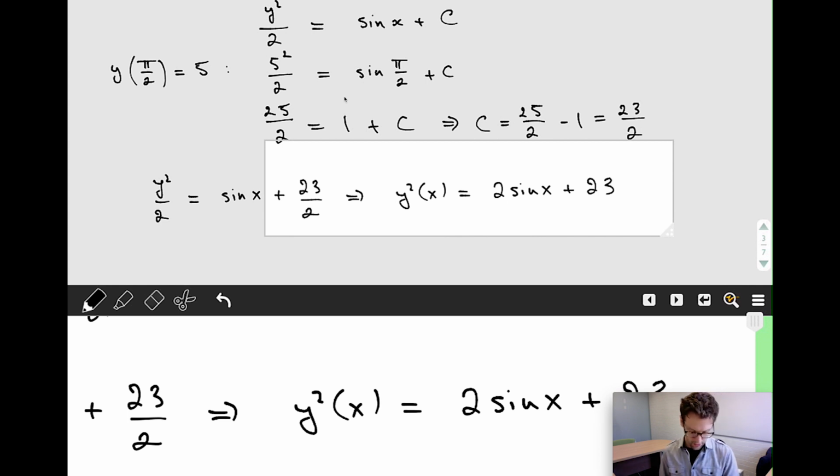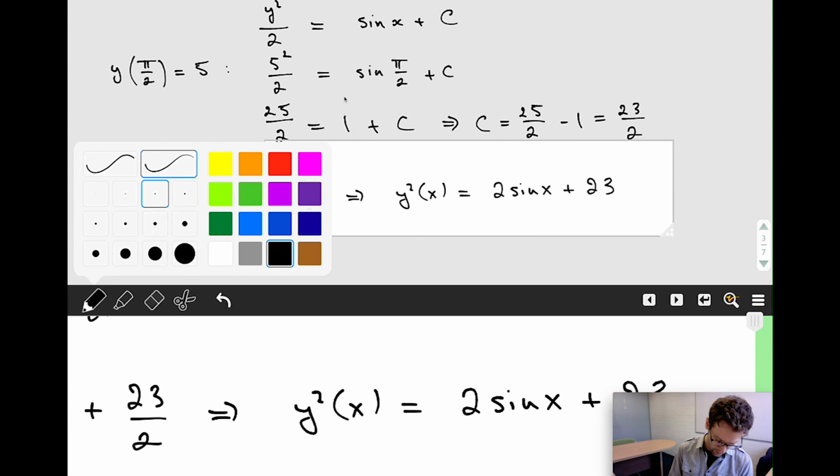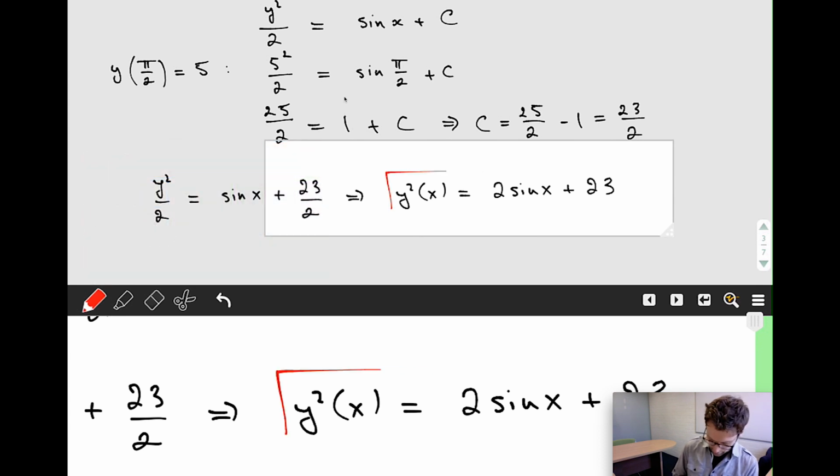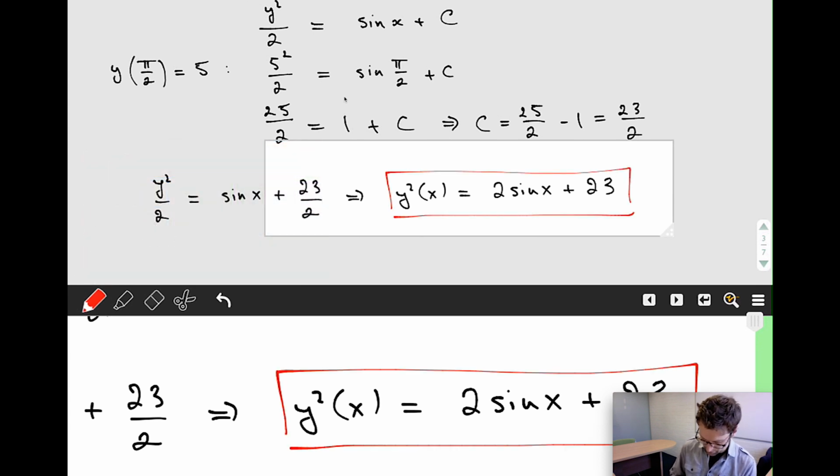And you notice that I didn't bother trying to write that as y of x, because then that would have to be an explicit equation for y of x. So I'd have to have a plus or a minus. This is as far as I can go, and this is an implicit equation for y of x, not an explicit equation. So I don't want to have to write that as two separate solutions, plus or minus.